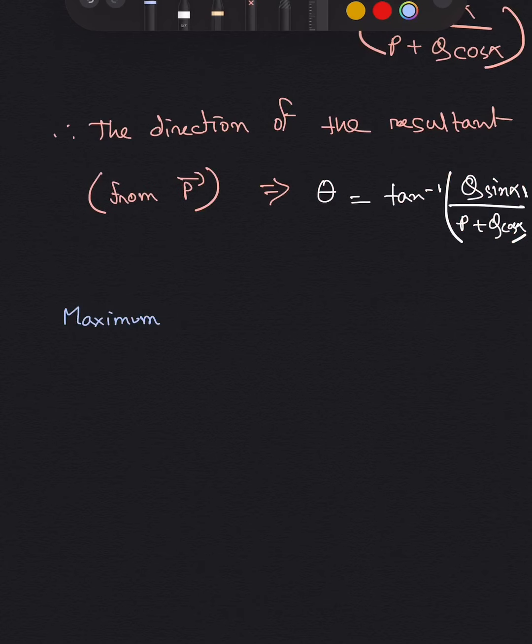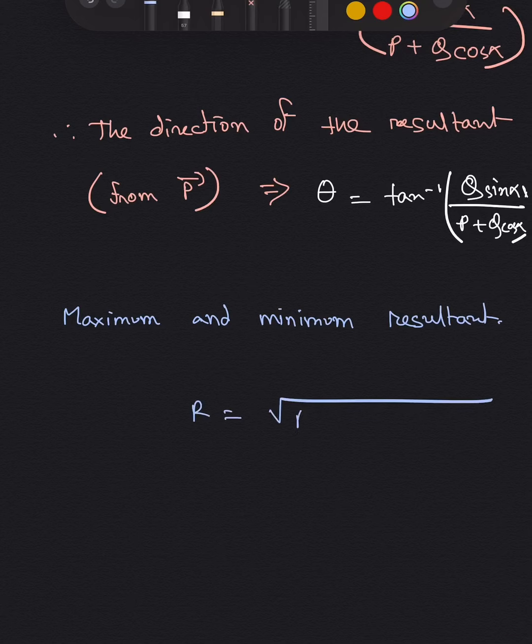Now coming to our third topic, which is maximum and minimum resultant. We get the magnitude of the resultant as R equals root over P square plus Q square plus 2PQ cos alpha. What is alpha? Alpha is the angle between P and Q vector.